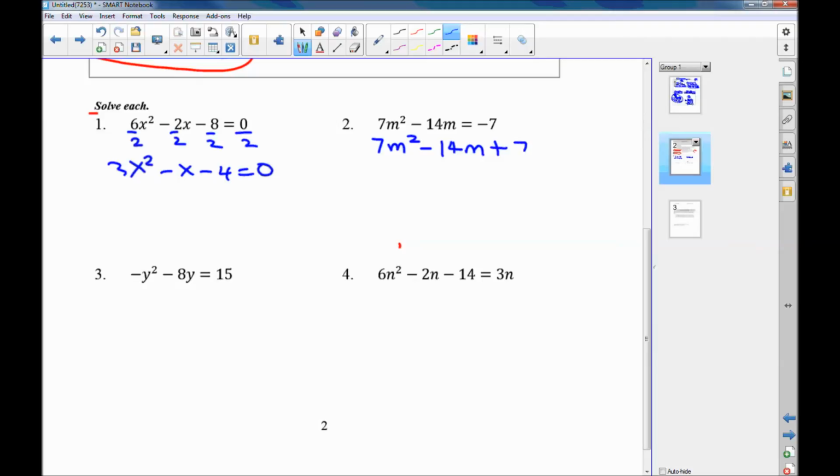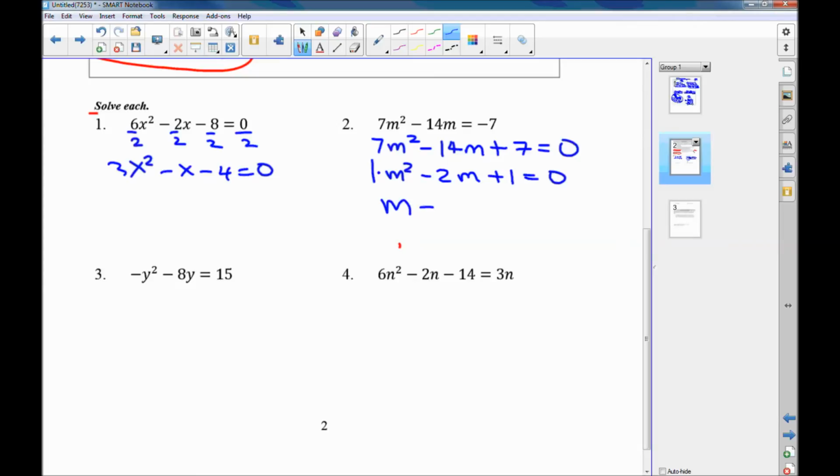So I'm going to move the 7 over, set it equal to 0, and then if I look at all three terms here, I can notice the 7 divides evenly into everything. So I'm going to go ahead and do that. So m squared minus 2m plus 1 equals 0. And then we go, oh, well shoot, this is an easy one. This has a leading coefficient of 1 now. So this is much easier to factor.